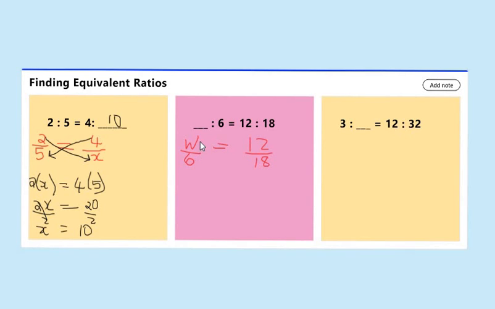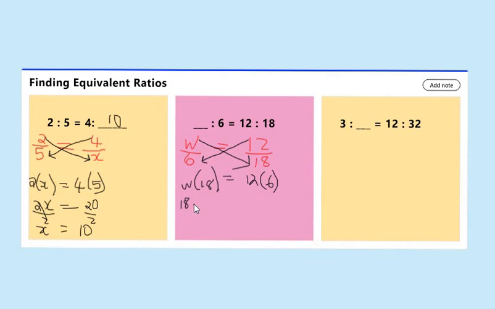After we write our ratios as fractions, we cross multiply, top to bottom, w times 18, and then top to bottom, 12 times 6. 18w, of course, remember we write our coefficients first.